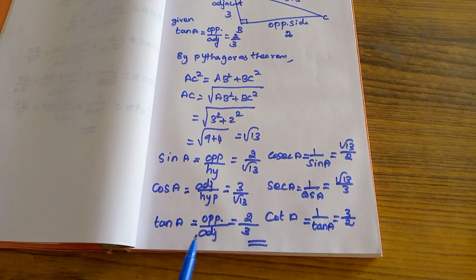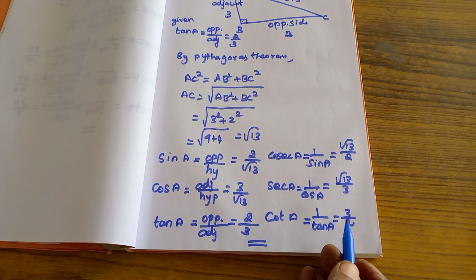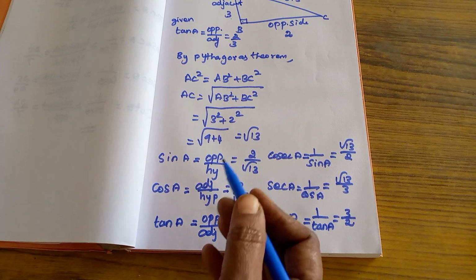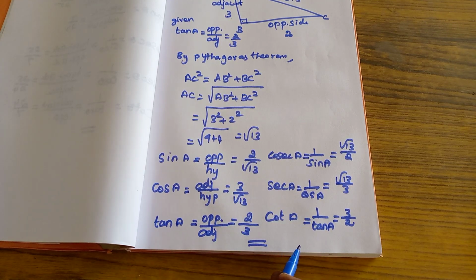Then cot theta, the reciprocal of tan. Tan is opposite by adjacent, 2 by 3, so cot becomes 3 by 2. Understood, students?